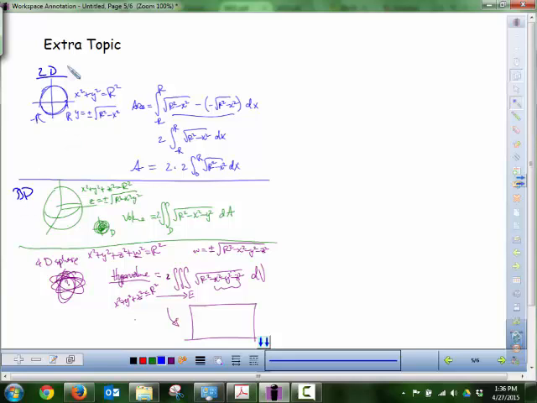So if we call a circle a 2-dimensional sphere, and then we call a sphere a 3-dimensional sphere, and we call this hypersphere a 4-dimensional sphere, we can see how the equations kind of progress, right?